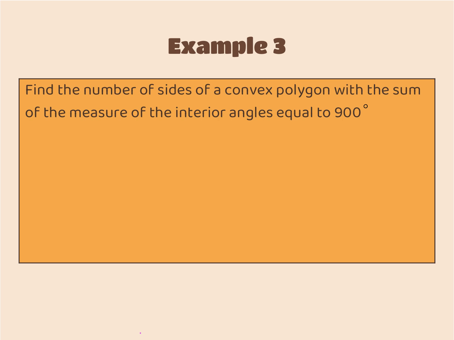If you're thinking about it, setting it up as an equation, I'm trying to find the number of sides. And they're giving me the total sum of my interior angles. So I'm going to set it up as n minus 2 times 180 equals 900. So yes, dividing by 180 is something I would do first. If I divide by 180, I'm going to get n minus 2 equals, what's 900 divided by 180?